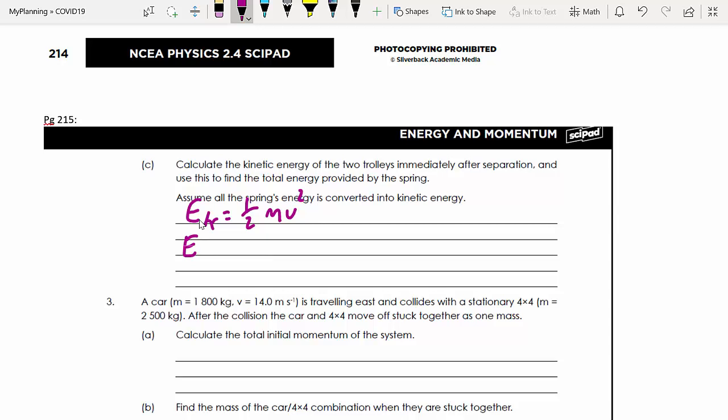If I do this for EK1, which is going to be a half times 1 times minus 4, now in brackets squared, the 4 is just going to become positive 16 because energy isn't really negative. So 16 times 1 is 16 divided by 2 is going to be 8 joules.